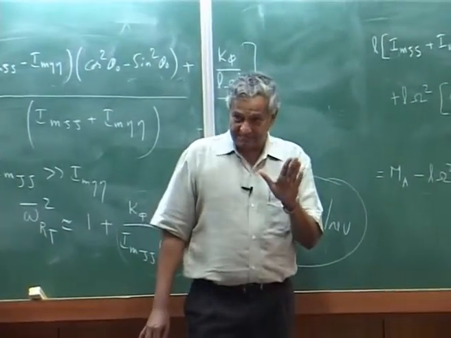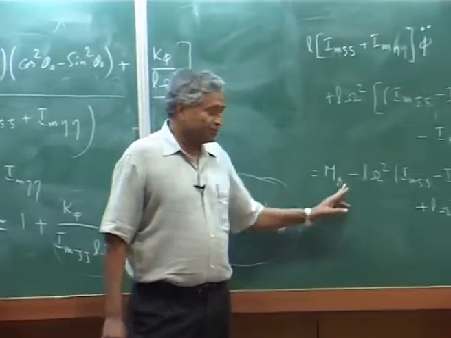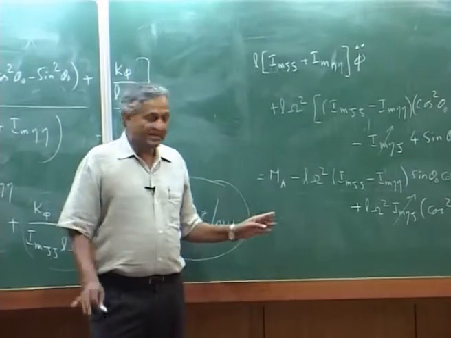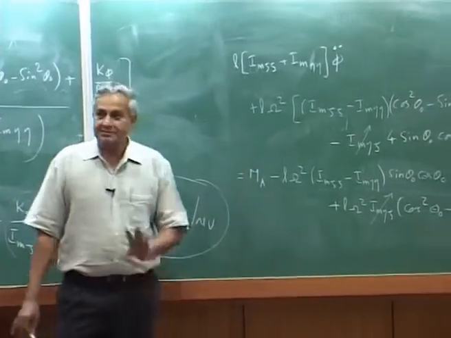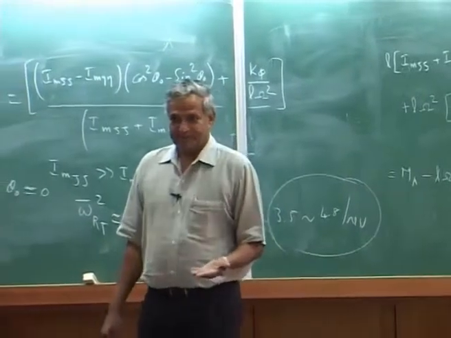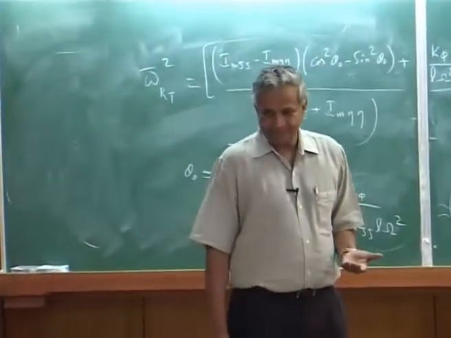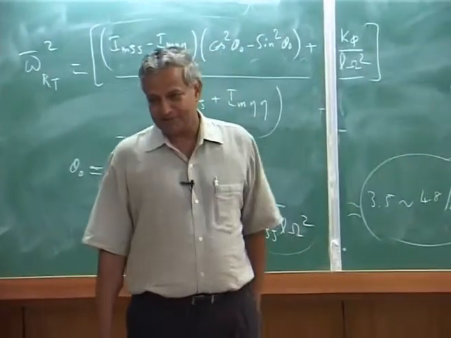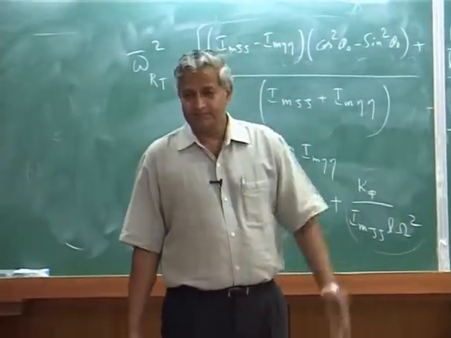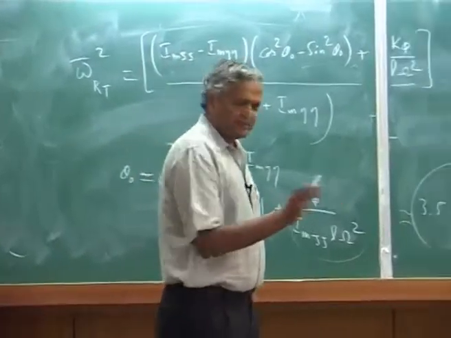Isolated torsion. But for that you need to know unsteady aerodynamics, not the steady. Then only you will get the phi dot type of a term. Okay. You need to know the unsteady aerodynamics. How do you get the pitching moment? Okay. There are several theories.